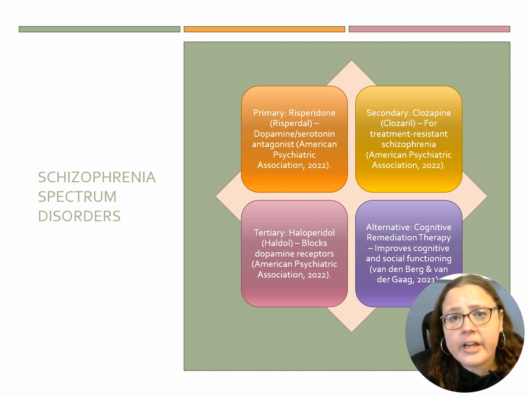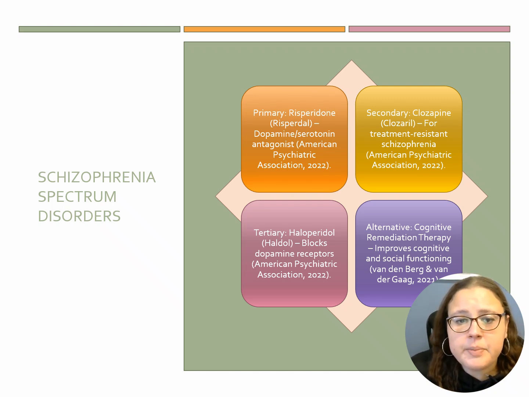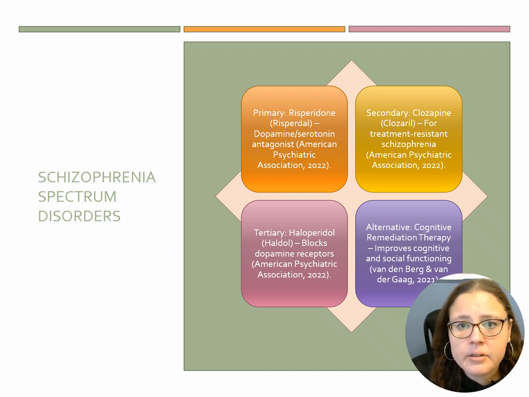The tertiary medication for schizophrenia spectrum disorders is haloperidol or Haldol. It's a first-generation antipsychotic that powerfully blocks dopamine, but it can cause stiffness or tremors called extrapyramidal symptoms. Once those symptoms decrease, cognitive remediation therapy, or CRT, helps rebuild attention, memory, and problem-solving skills.